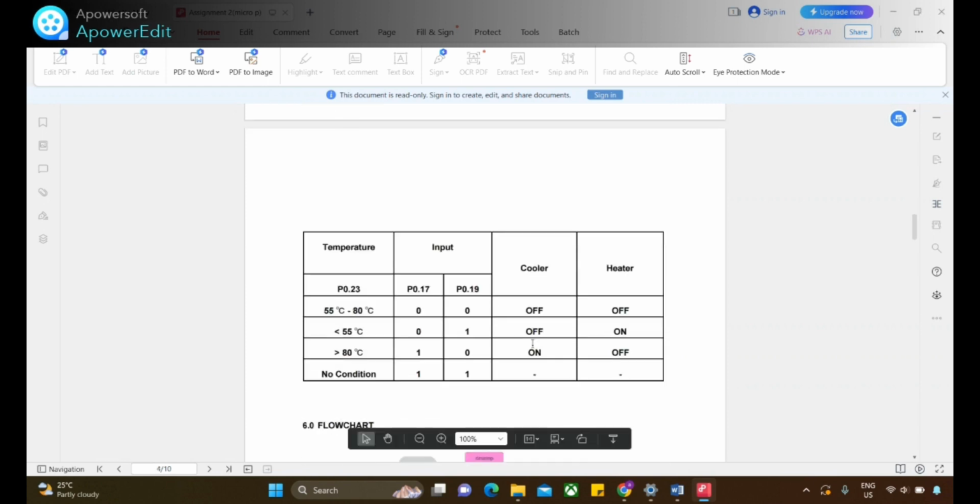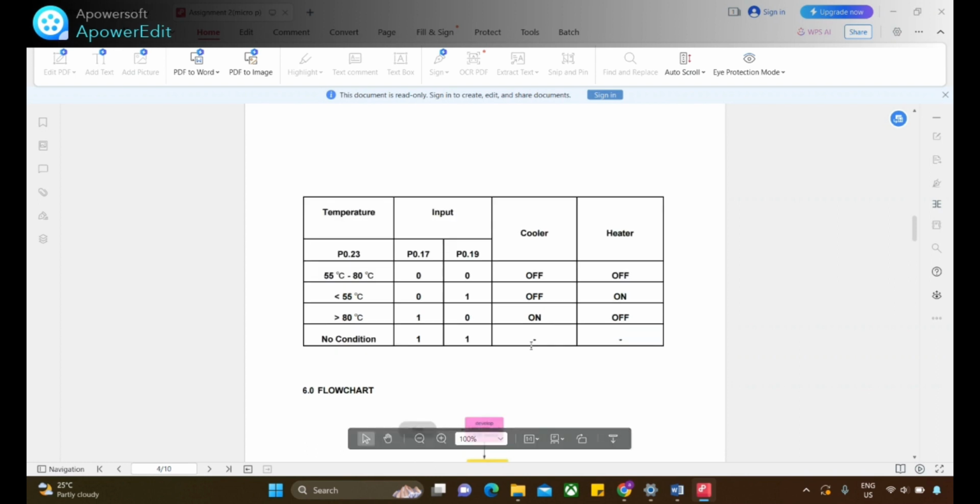This is the result: when the cooler was off and the heater was off, the temperature is between 55 Celsius and 80 Celsius, and both the cooler and heater were off.